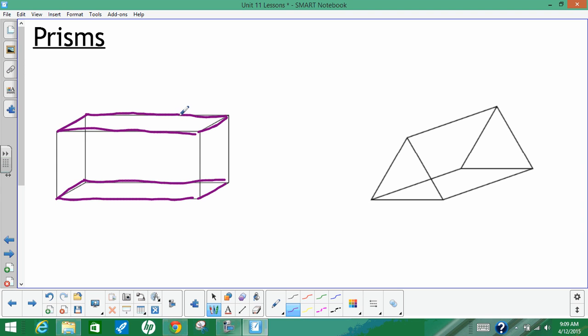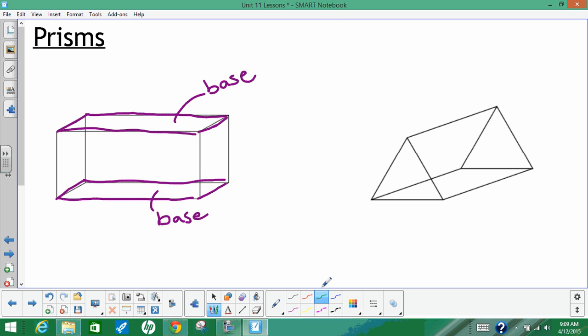These are called bases. So what a prism is, it takes two geometric shapes that are congruent. We call those the bases, and then they are connected three-dimensionally here. So there's some distance between them, and they create what you probably know as a rectangular prism.